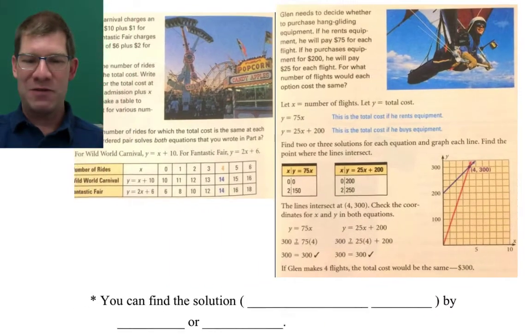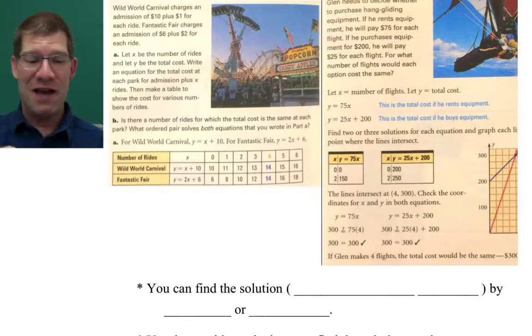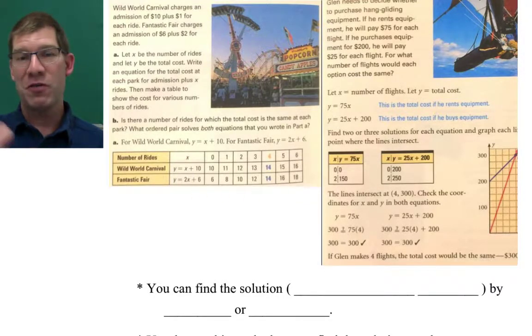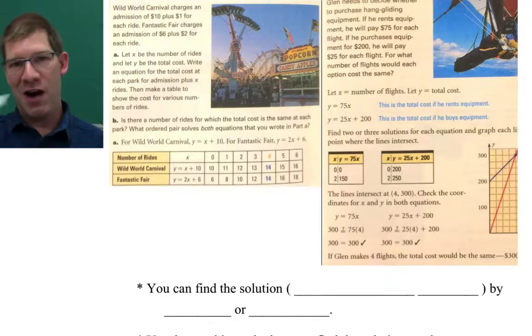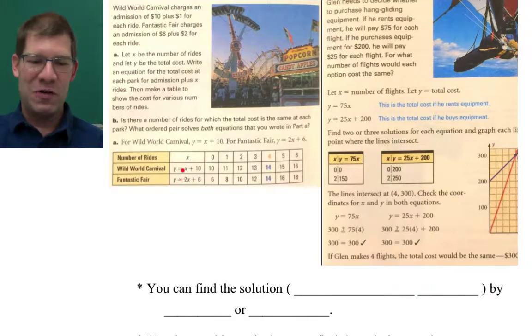Sometimes, though, on a graph, especially on a graphing calculator, it's not always exactly obvious where they meet. So something that can work nicely is using a table. And I'm going to go through how to do this on graphing calculators soon. But a similar thing here: we have two different carnival places and different ticket costs. Here's the equation for the Wild World Carnival, cost and number of rides. Here's Fantastic Fair, cost and number of rides.